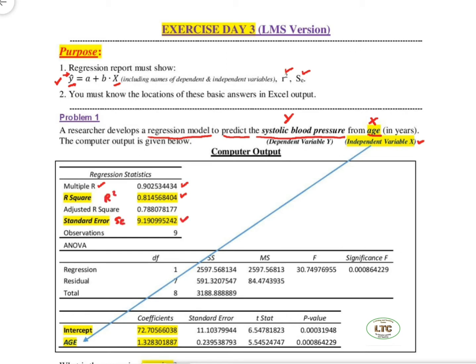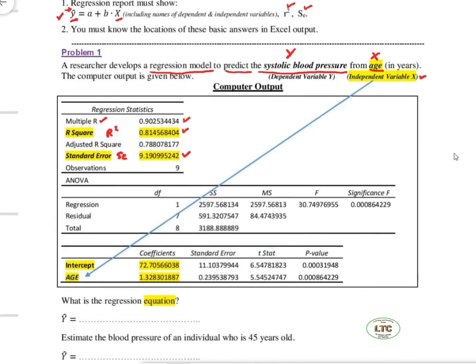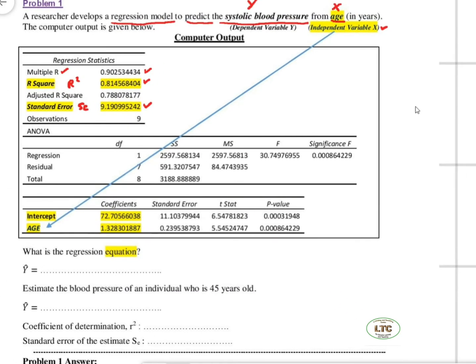So we study these 3: R square, S sub E. The next one is called the ANOVA table. After that, the last table, 2 rows, is called the parameter estimate table or coefficient table.